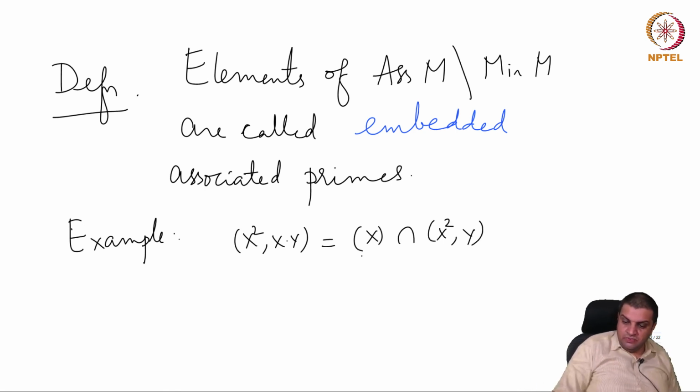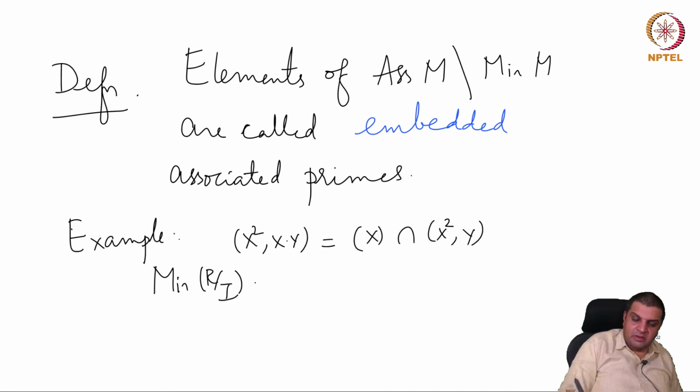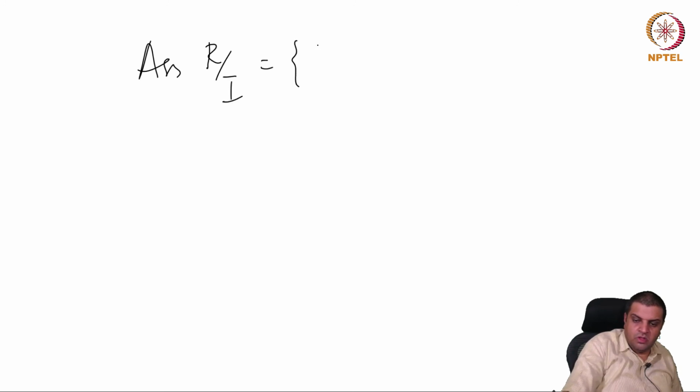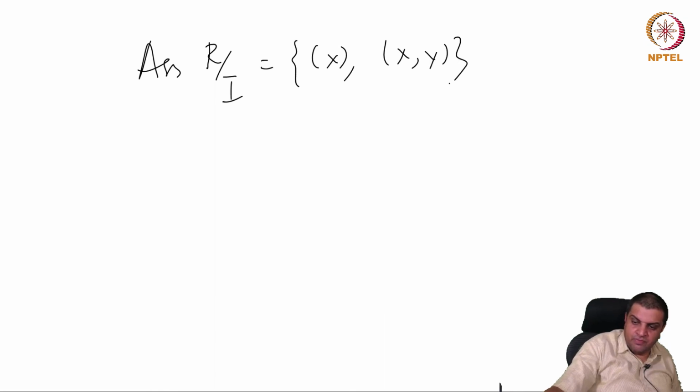The minimal prime of R mod I, this is the previous example, is just this prime, while the associated primes are the prime ideal (x) and the prime ideal (x, y), and this is an embedded prime.